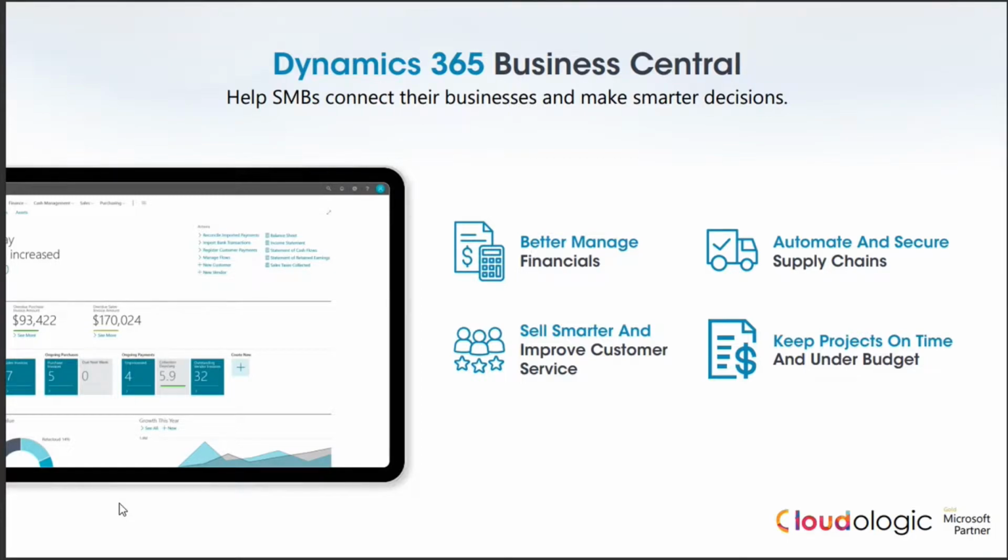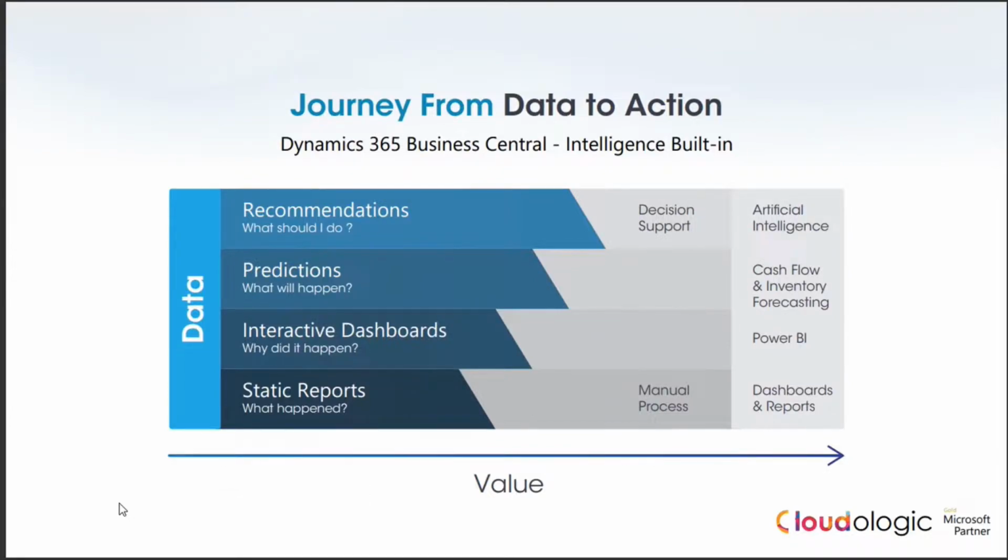And when we talk about projects, if the projects are properly streamlined at every level, they are under budget as well, and completed on time without any problem. In terms of data to action, if we talk about the journey from data to action in Business Central, when we talk about the recommendations, the decision is made as per the facts using the AI.